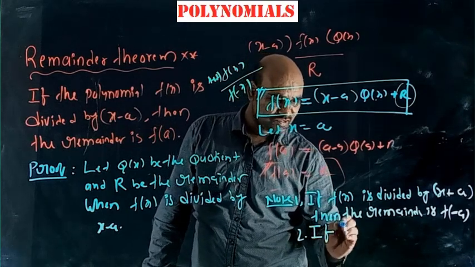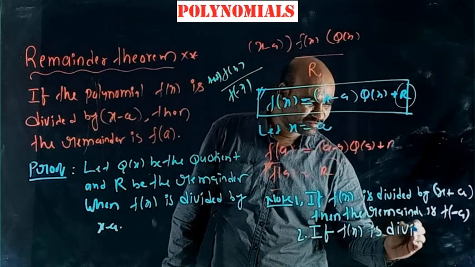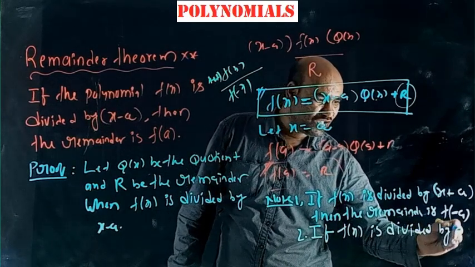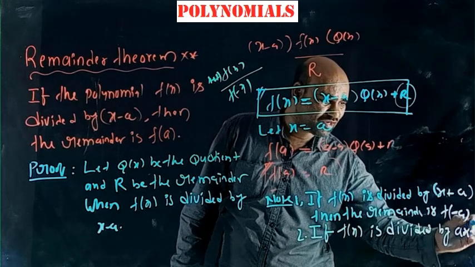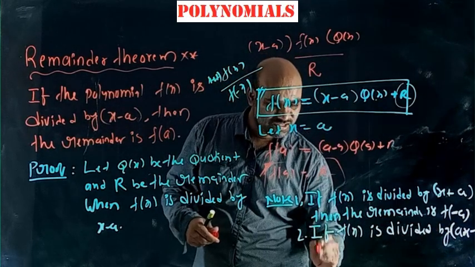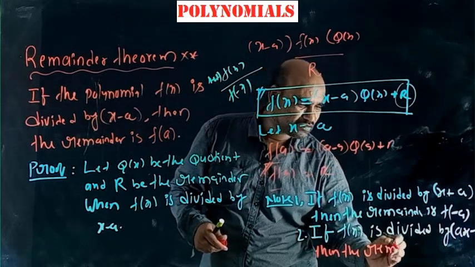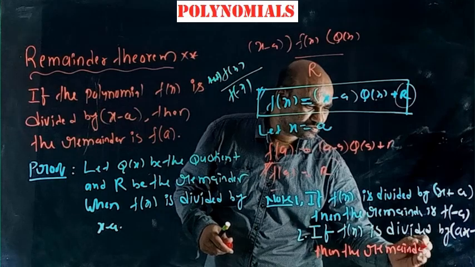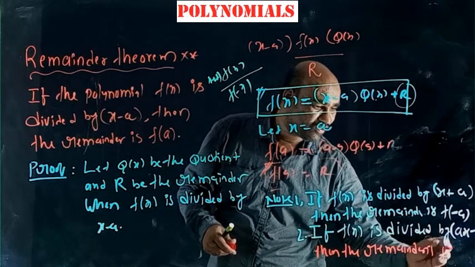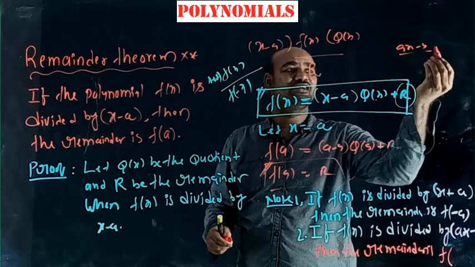Note 2. If f of x is divided by ax minus b, important, ax minus b, then the remainder is f of the zero of ax minus b, which is b by a only.